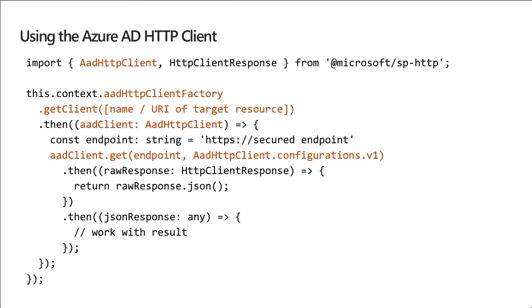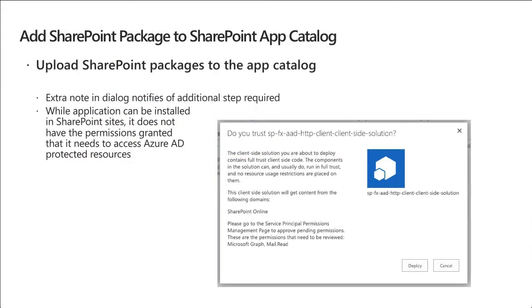All right. Now, when the administrator deploys the SharePoint Framework component to the tenant app catalog, he or she is going to get this extra little message at the bottom if that component has the declarative permission included in it. It says you need to go to a special page in the tenant admin to enable or disable this.